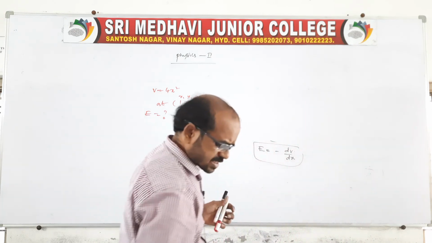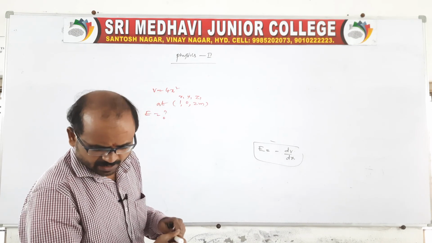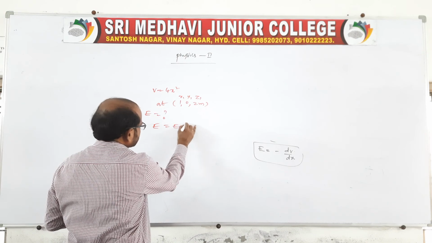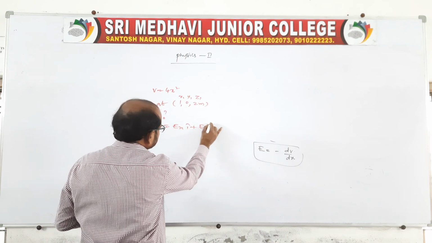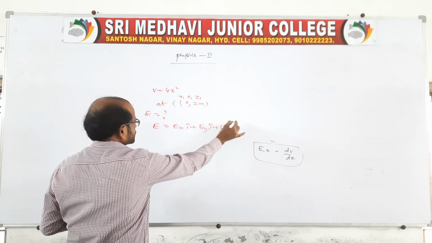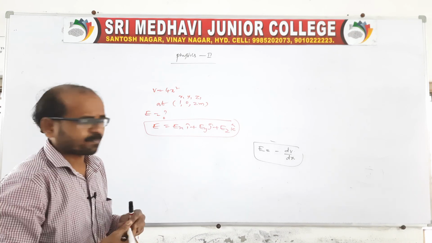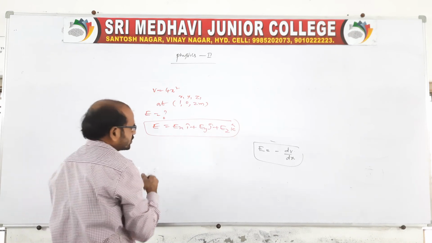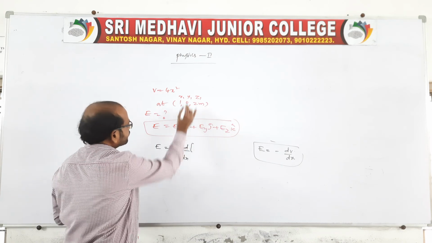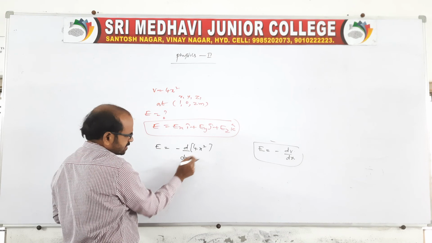Here actually E is asked, because 3 coordinates are given. You take it like this: E is equal to Ex i cap plus Ey j cap plus Ez k cap. Why this? Because x, y, z are given, so the electrical field intensity we can take like this in terms of i, j, k. Now the approach will be E is equal to minus d by dx of 4x square. Of course, differentiation with respect to x only.